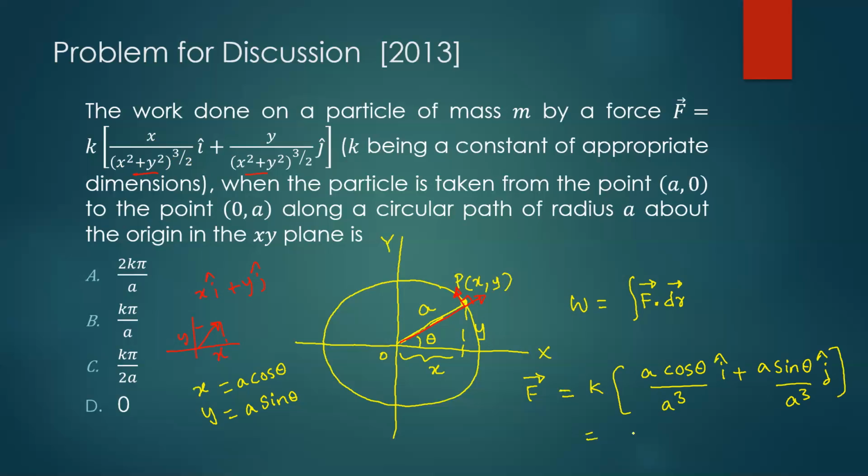Now, it will be k by a square into cos theta i cap plus sine theta j cap. This is definitely pointing along OP, right? Or you can actually take the displacement as a vector and then take the dot product, but we don't have to do that. You understand?